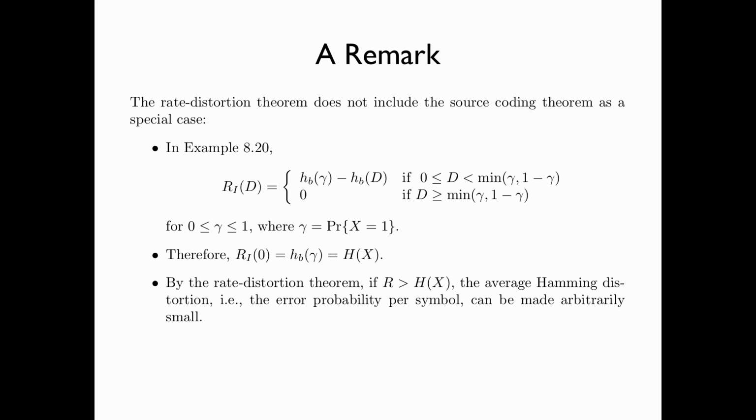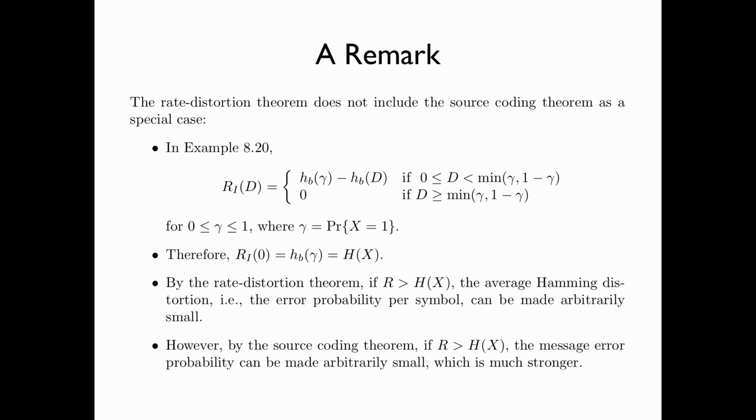By the rate-distortion theorem, if R is greater than R_I(0), that is the entropy of X, the average Hamming distortion, that is the error probability per symbol, can be made arbitrarily small. However, by the source coding theorem, if R is greater than the entropy of X, the message error probability can be made arbitrarily small, which is much stronger.